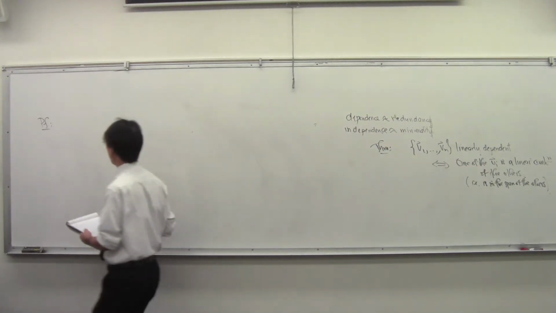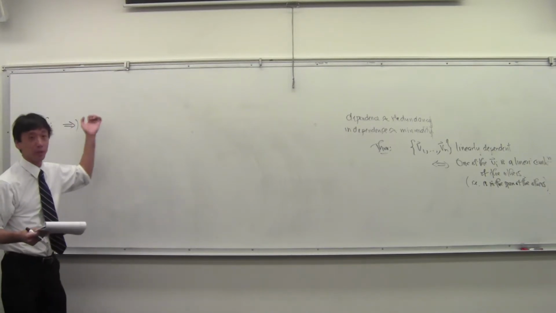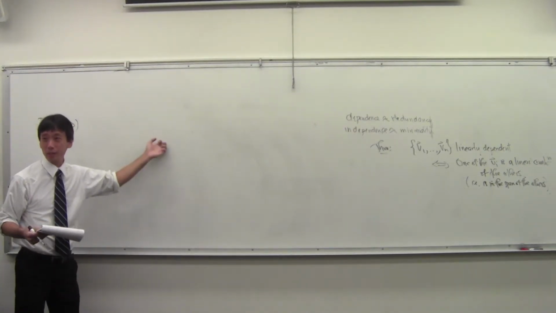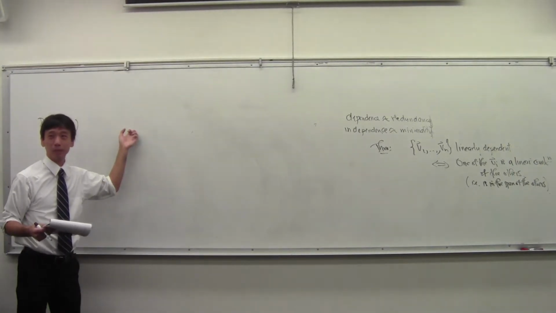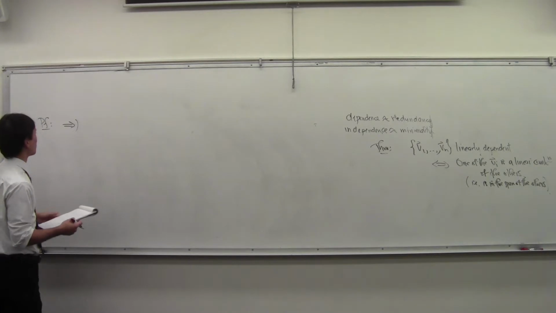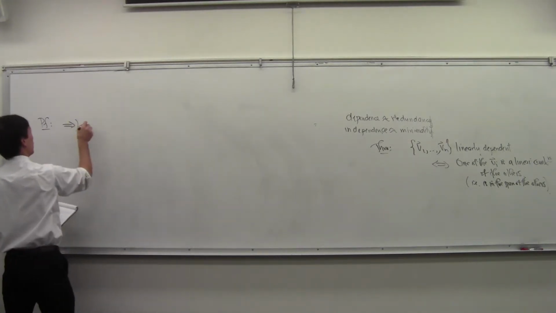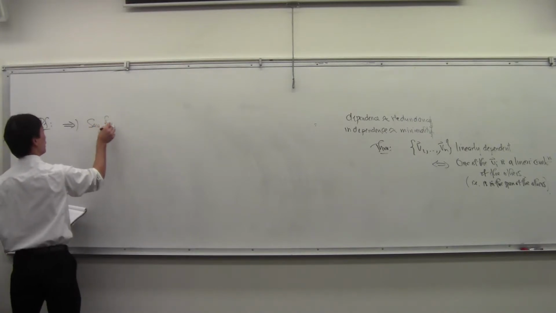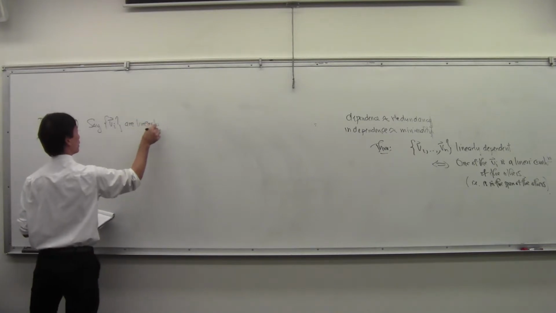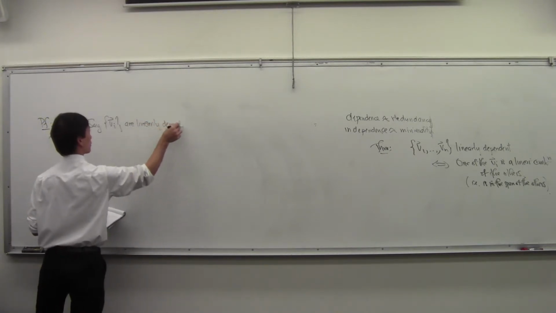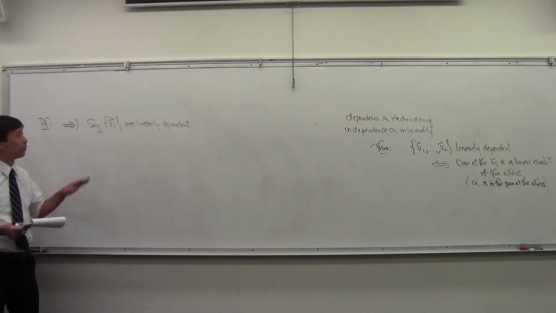Okay, so let's think about how this works. We're saying that a set of vectors is linearly dependent if and only if one of the vectors is in the span of the others. So to prove it, we need to go in both directions. We need to prove that if you're linearly dependent, then one guy's in the span of the others, and if one guy's in the span of the others, then you're linearly dependent. Let's do the forwards direction. Suppose that the vi are linearly dependent. What does that mean?